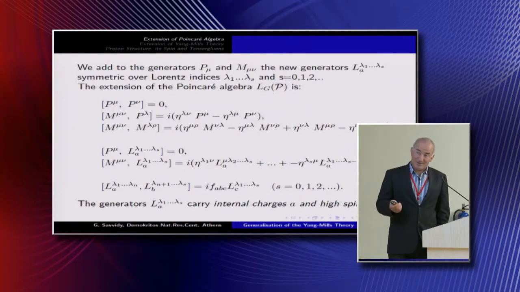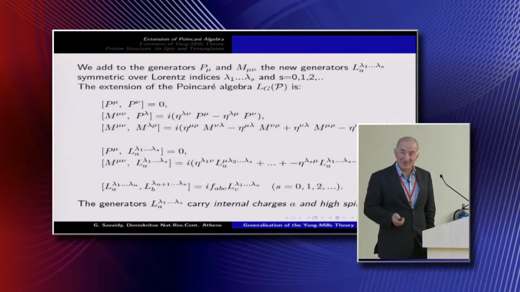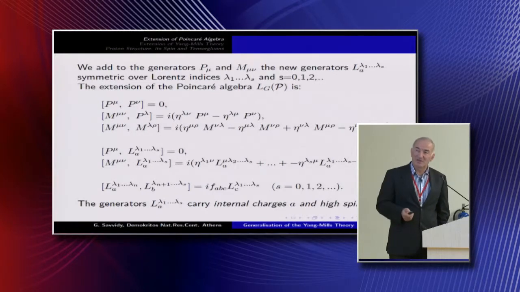I will say that, to write this relation, it was done with the help of Ludwig Fadeev, who actually guessed the transformation which I have, which is forming the current algebra.